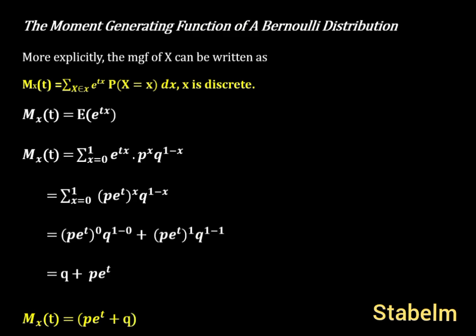So we have the mean to be p, the variance of the same distribution to be pq, whereby the moment generating function of the distribution is p exponential t plus q. So this is simply how to derive the mean, variance, and moment generating function of the Bernoulli distribution.